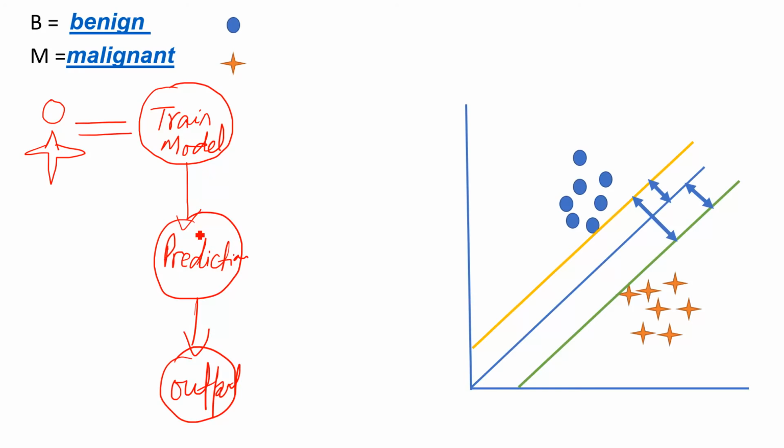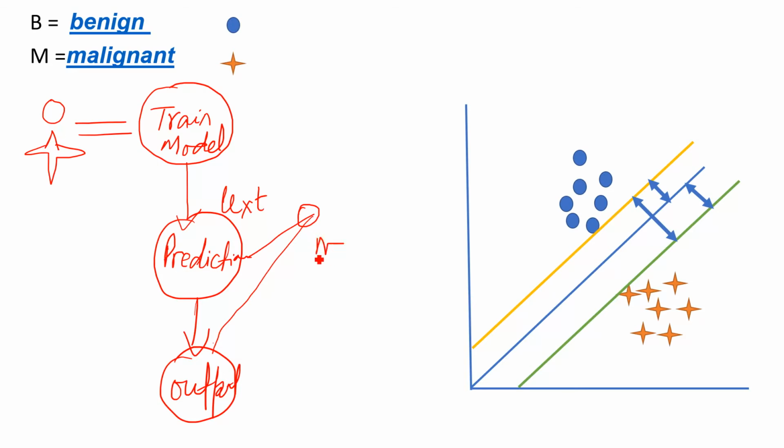If our model is very good and accurate, it will give us the right output. When we test some data, suppose I give this circle, the benign cell, the model will say this is the benign cell if our model is accurate.